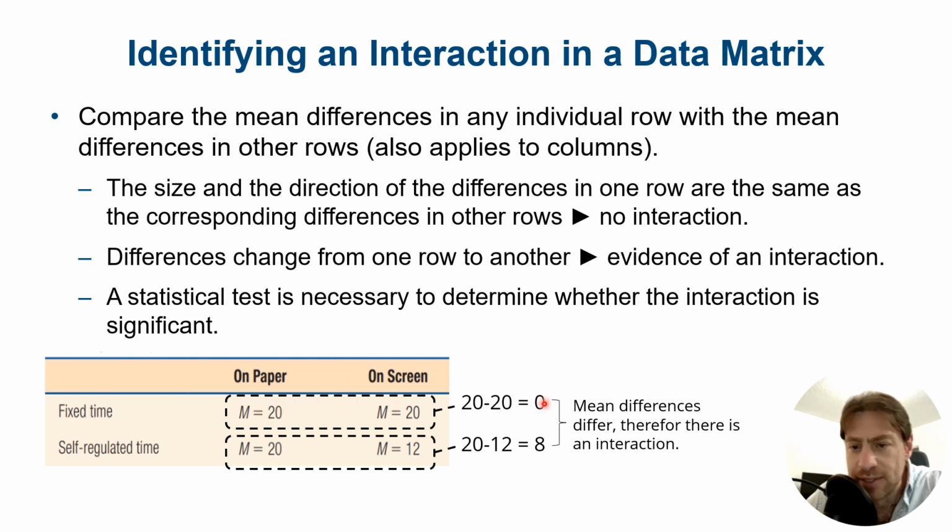The difference is 0. Whereas here you have 20 and 12, and the difference here is 8. Now, because there is a difference between the mean differences of each row, this would imply the presence of an interaction. Now, you still have to use the proper analysis to see if the interaction is significant, but this is an indication of an interaction.